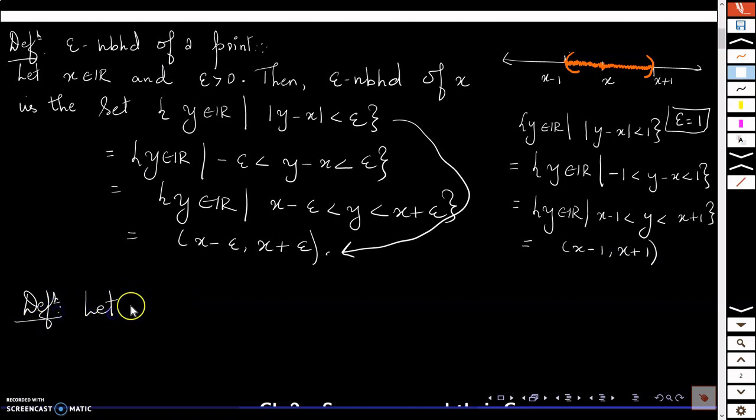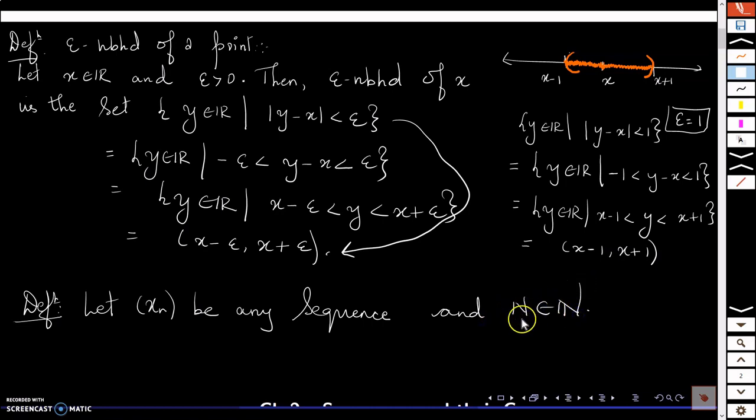Supposing I have a sequence x_n, some sequence x_n, and let's say capital N is some natural number, any natural number. Then when I say x_n is a sequence, this sequence is nothing but a function from the set of natural numbers to some set, whatever this set is. So this x_n is actually a map from the natural numbers to the set of points x.